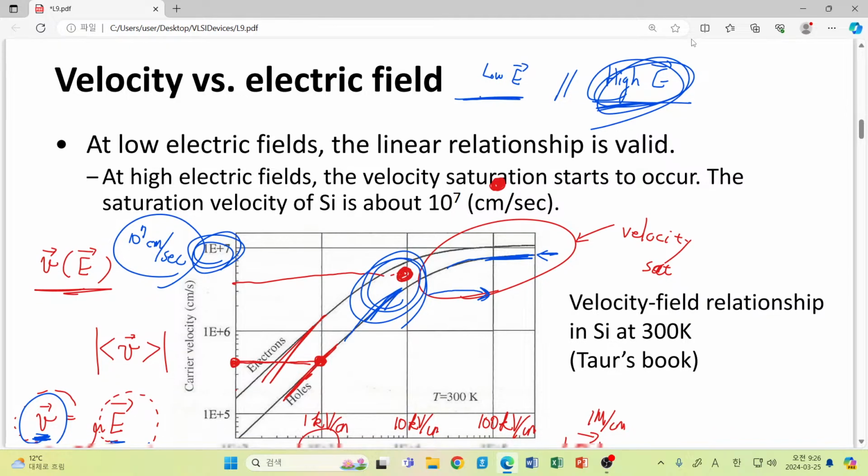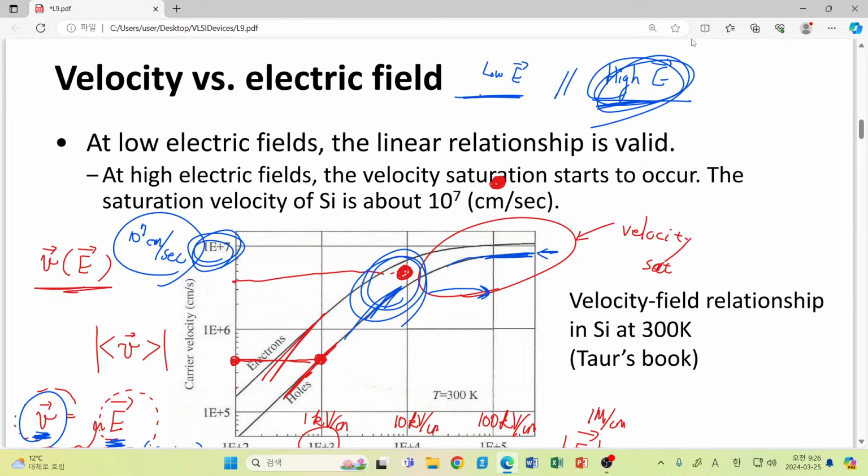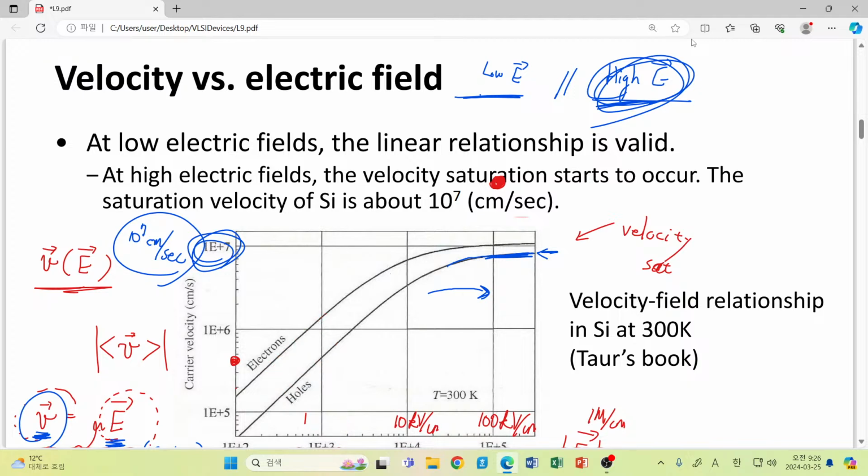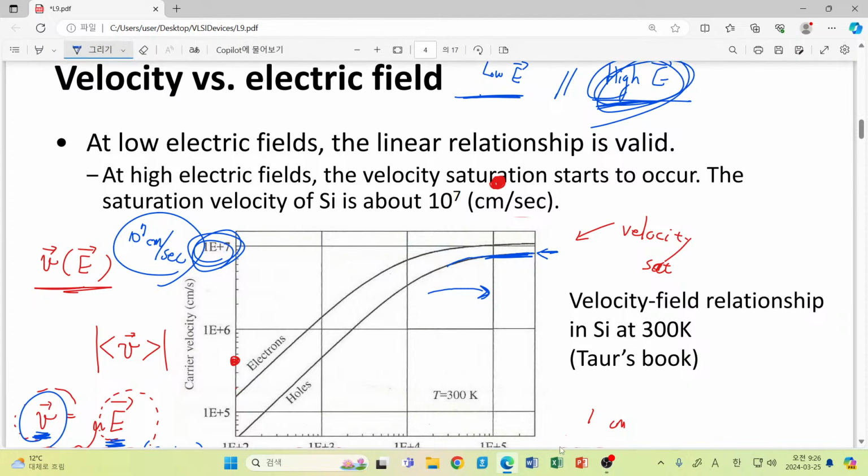So please have a look at this one. I think that can be the best example for you. Here you are looking at two different species, both taken from silicon. One is called electron and one is called hole.